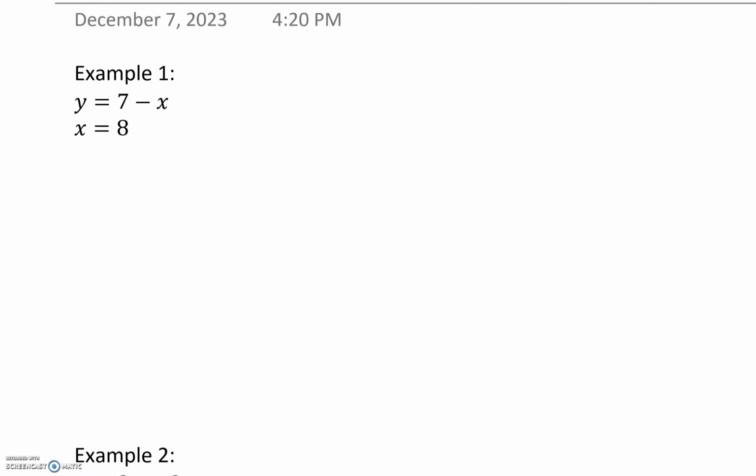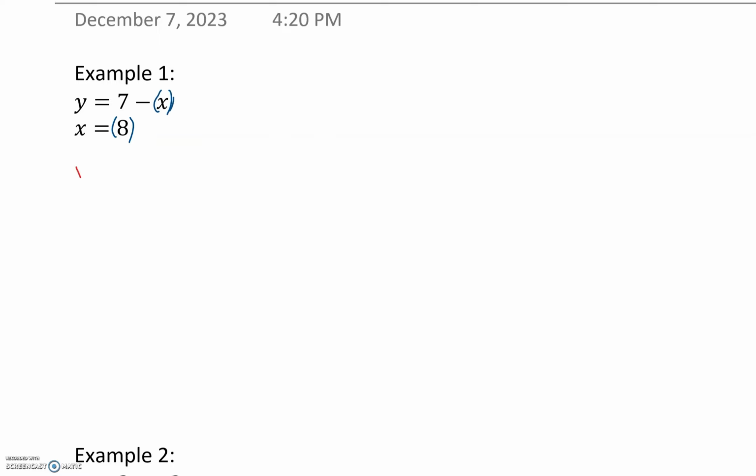What we're going to do is substitute the value into the other equation. So here we have that x equals 8. So instead of x, we're going to write 8.